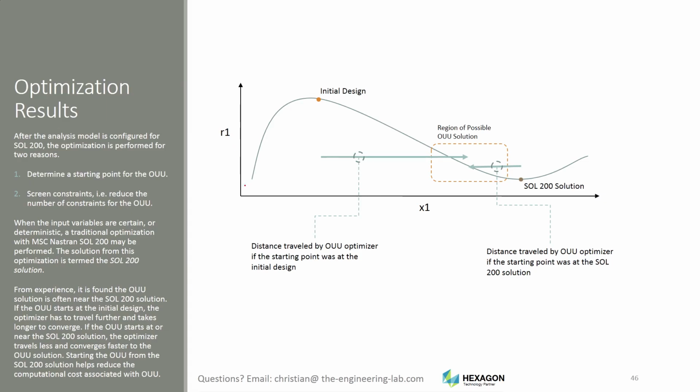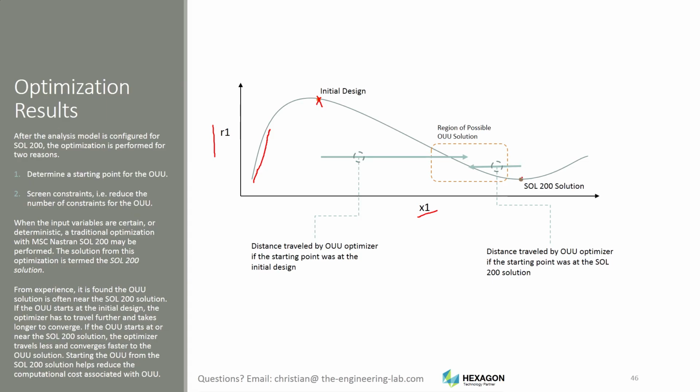Here the solid blue line would be the response function as an example. This response function happens to have only one variable, x1, and the response is r1. Let's suppose that we start the optimizer here in this orange dot. We'll call that the initial design.